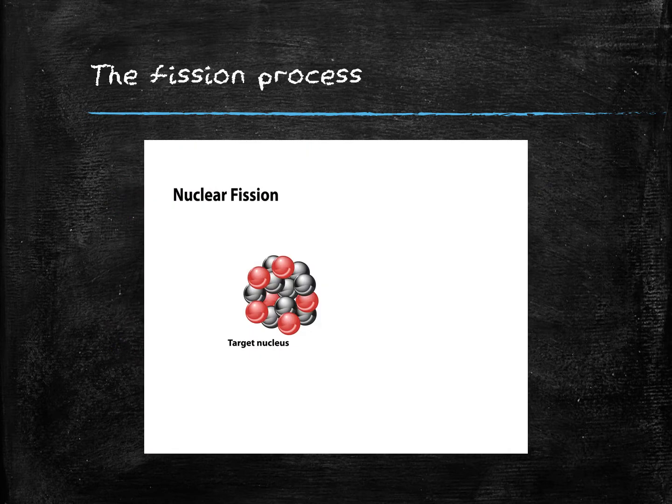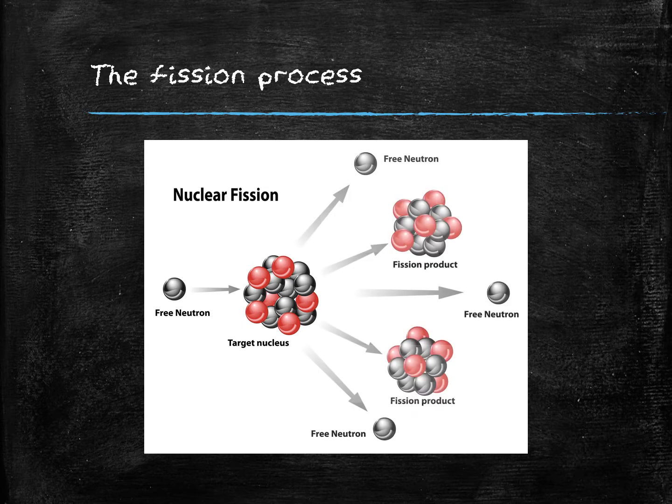You need to be able to at least recall, and if not complete, a diagram that represents the process of nuclear fission. So the target nucleus that we've got here represents our fissile nucleus. This could be something like uranium-235. When it absorbs a free neutron, which could have been released by nuclear emission from something like beryllium-13, or it could just be a naturally occurring free neutron, it undergoes fission.